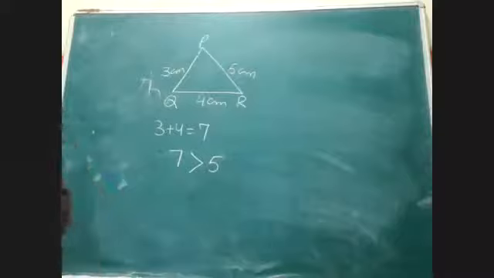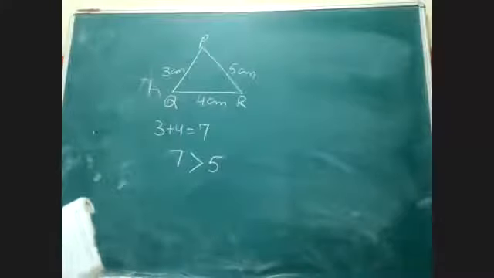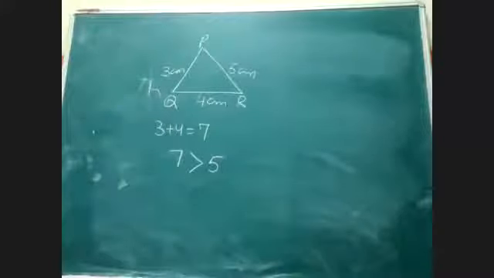So in the third question, first, with the help of a scale, measure each side of this triangle. Measure the length of each side of the given triangles, then verify. Add any two sides. Now you can see the sum of two sides is greater than the third side.